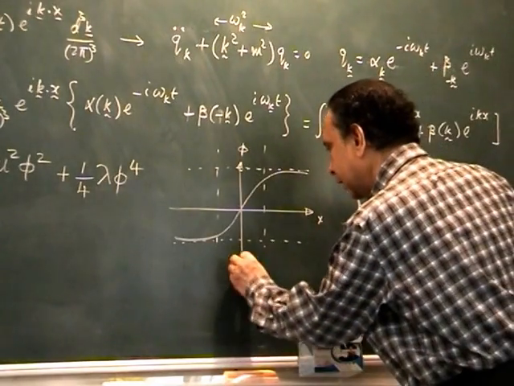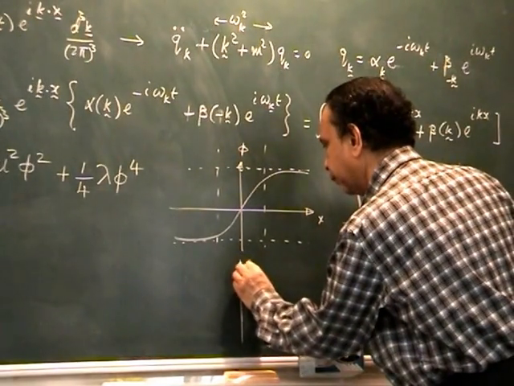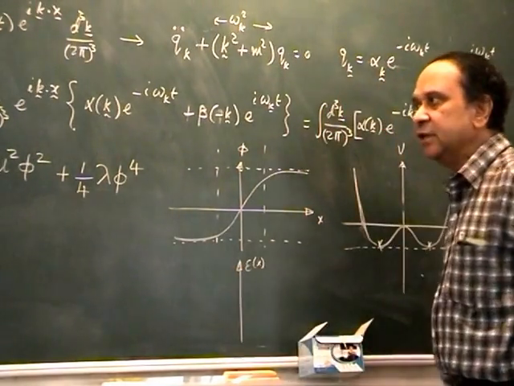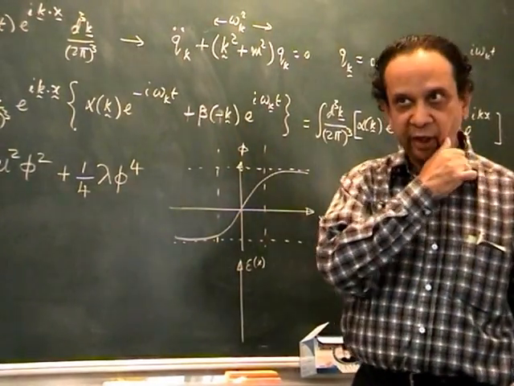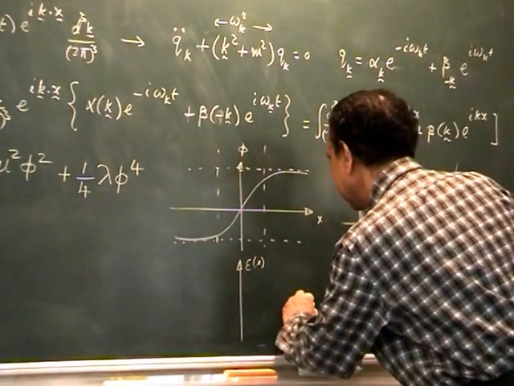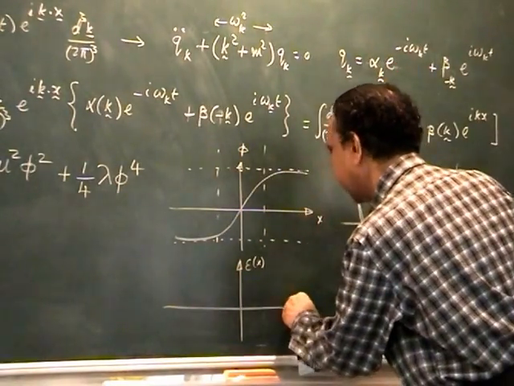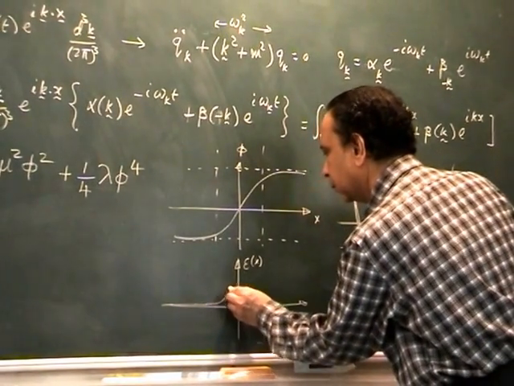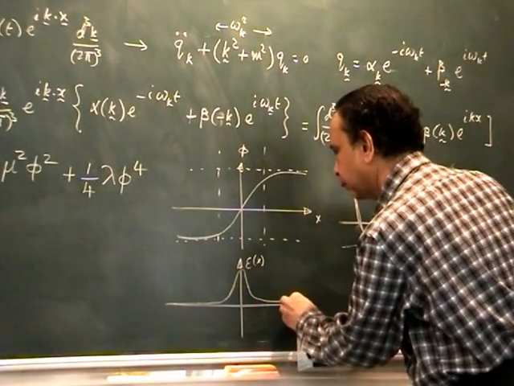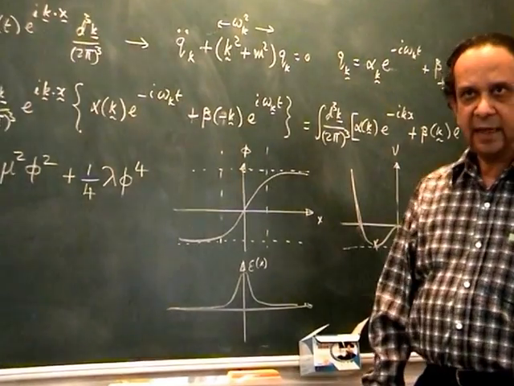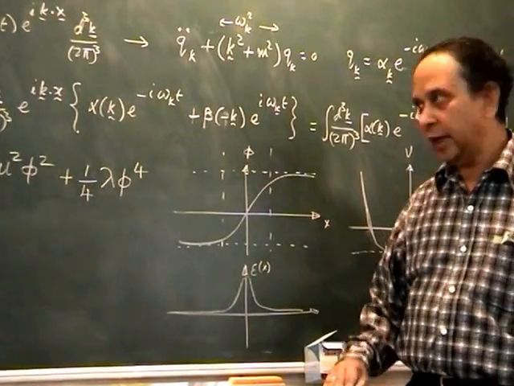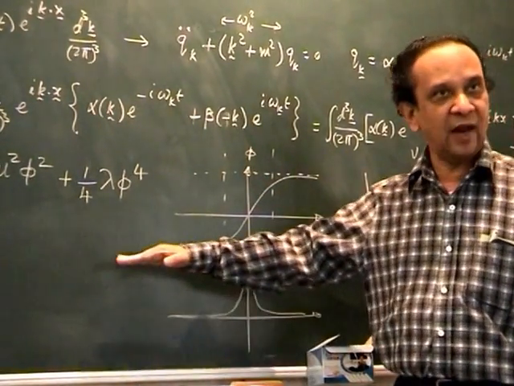If you look at the energy of this system, which is by taking the Hamiltonian and computing it, you will find that the energy is essentially concentrated on this region. That is understandable because the energy has a (d phi by dx) whole square that vanishes when this goes flat.